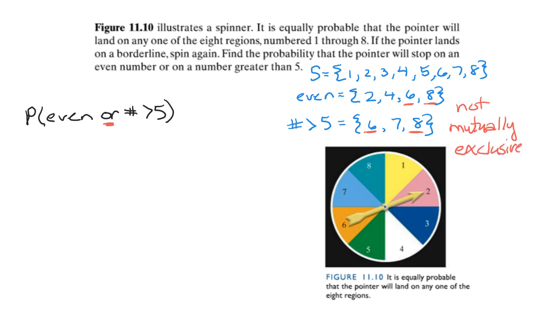We're going to follow the formula for not mutually exclusive. So we're going to take the probability of an even number plus the probability of a number greater than 5 minus the probability of the even number and a number greater than 5.